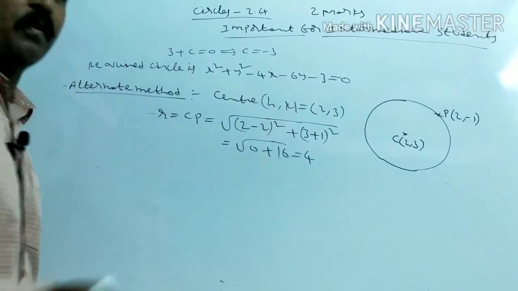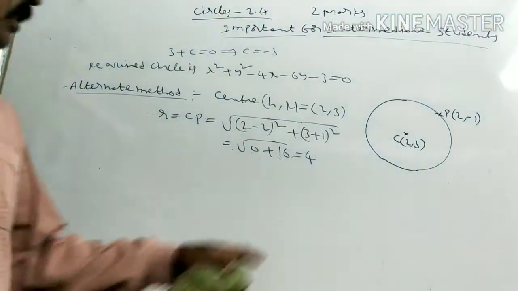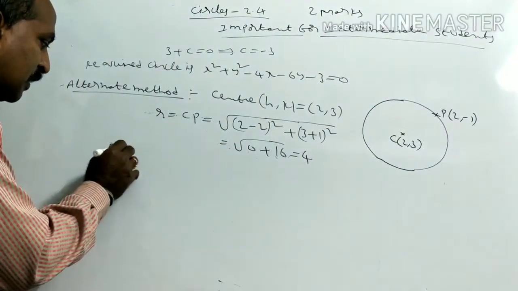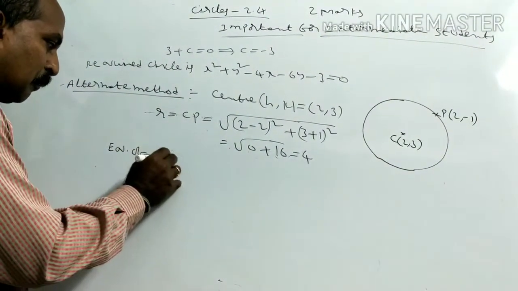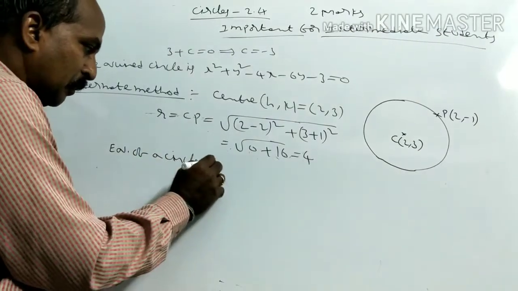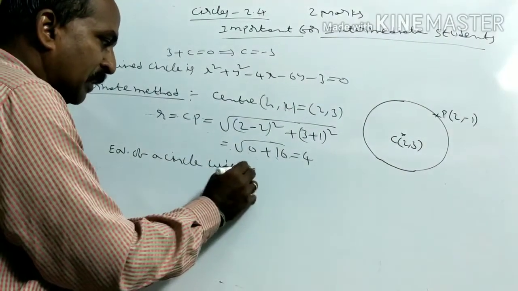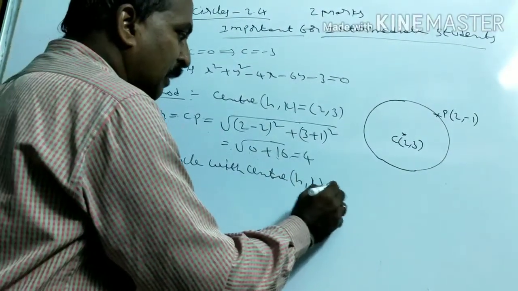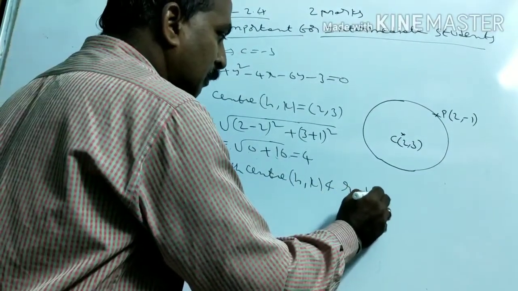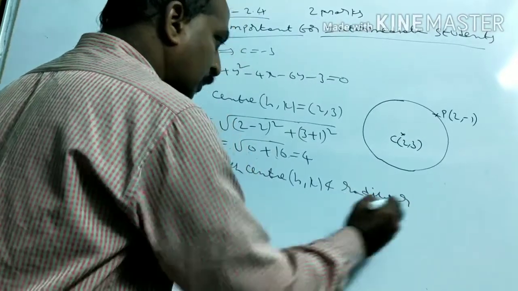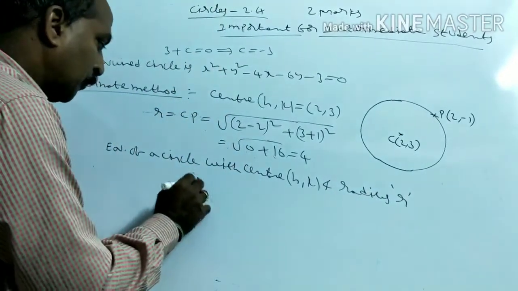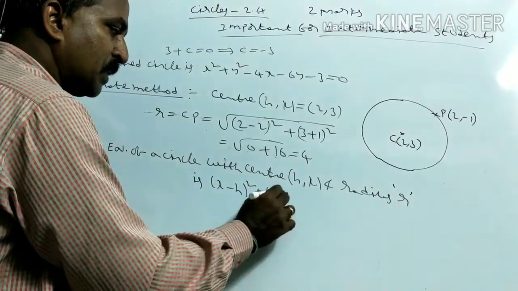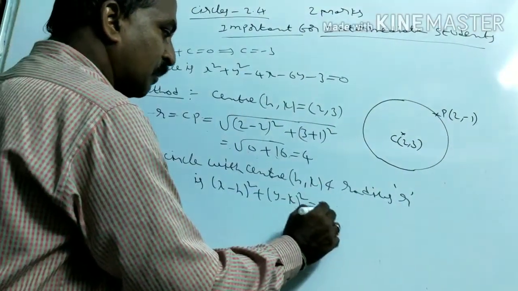So the radius is 4. We know that the equation of a circle with center (h, k) and radius r is (x minus h) whole square plus (y minus k) whole square equal to r square.